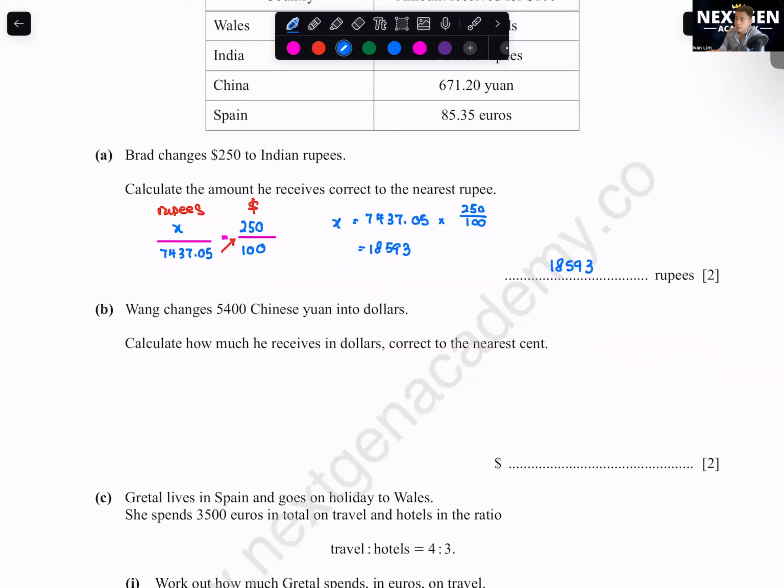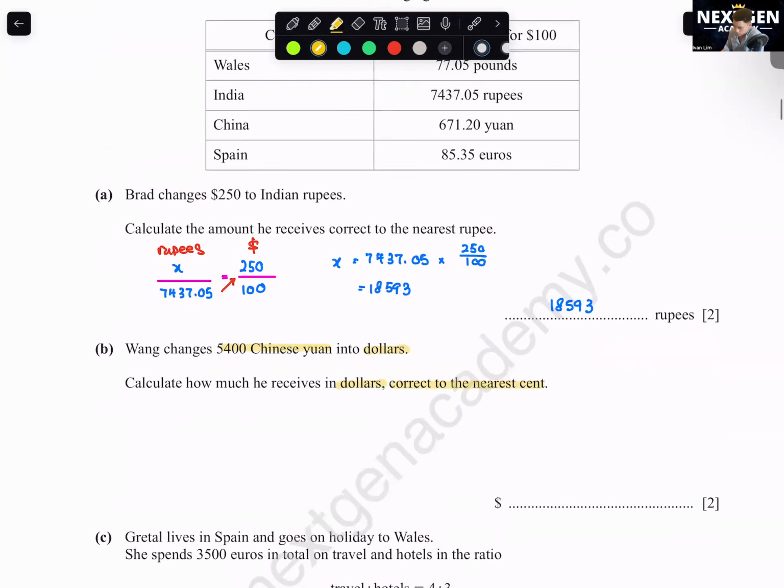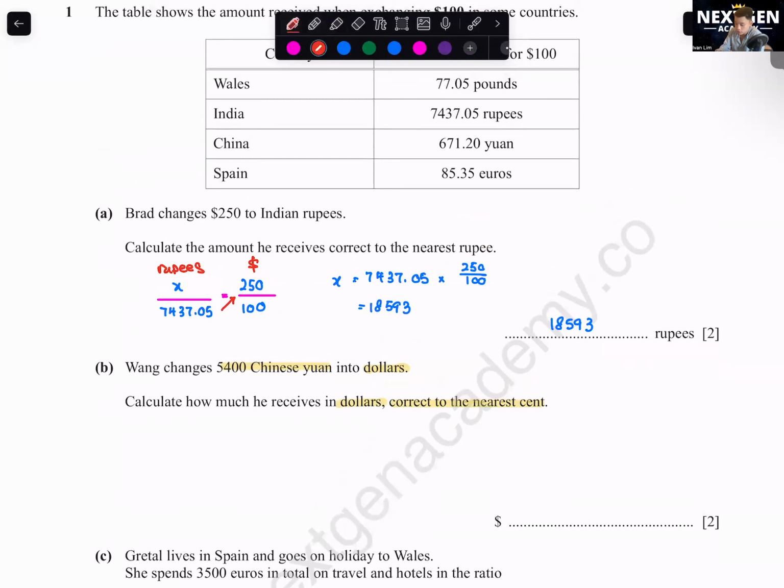Okay, question B. Wang changes 5,400 Chinese yuan into dollars. Calculate how much he receives in dollars, correct to the nearest cent. So now they want dollars.